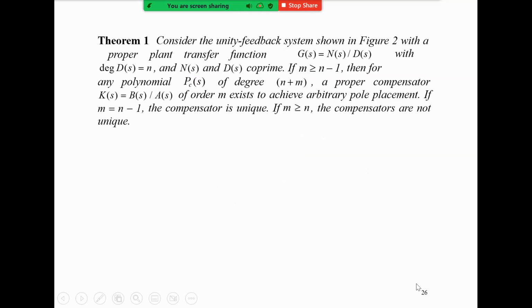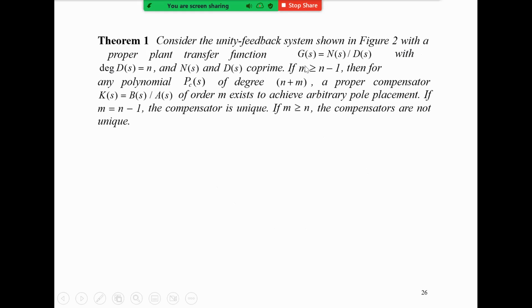Now let's state Theorem 1 for this chapter. We consider a unity feedback system with a proper plant transfer function. So this G is proper, and we know the degree of the system is n, and we also require that N and D are coprime. They have no common factors. Those are the conditions. Remember, we don't require any condition on the stability of the open loop. The system may be stable or unstable.